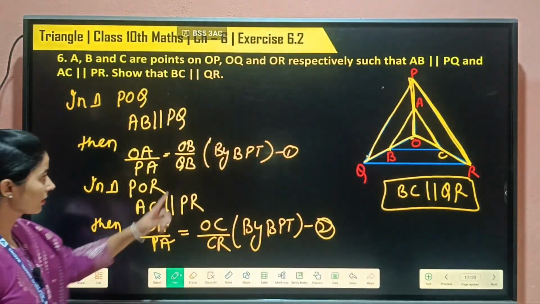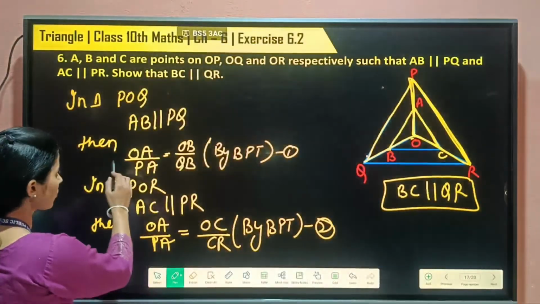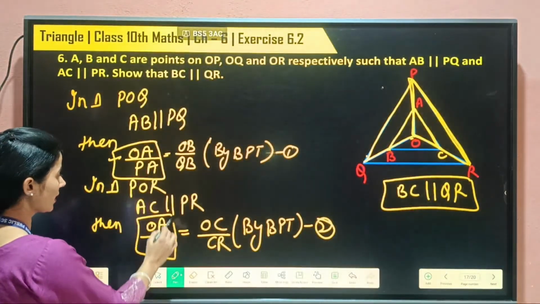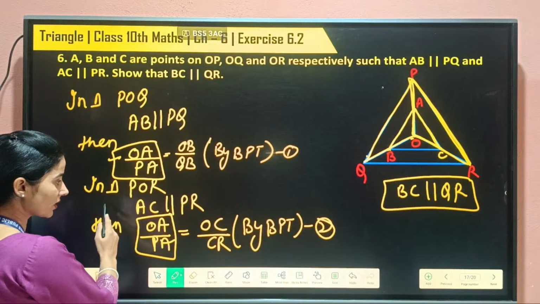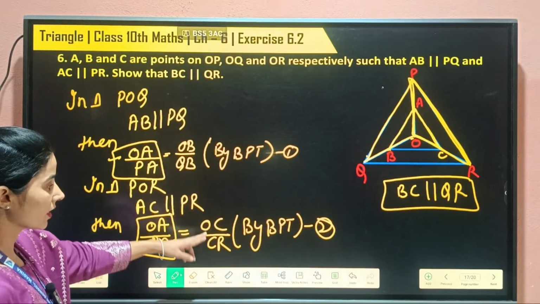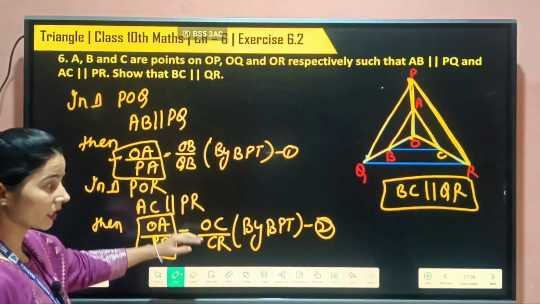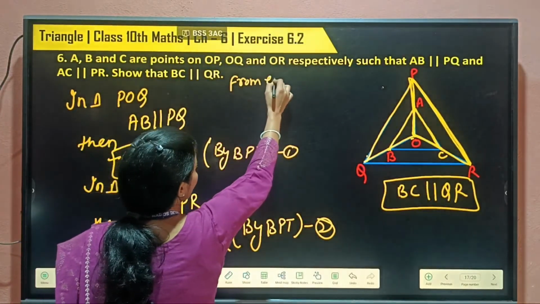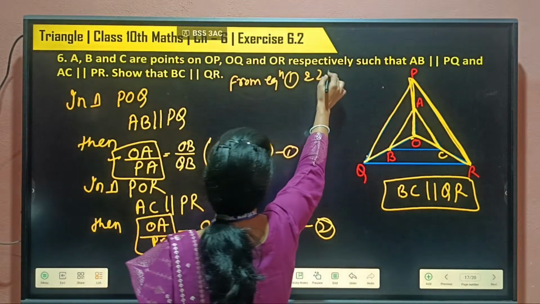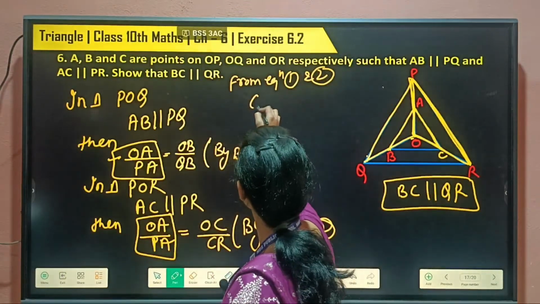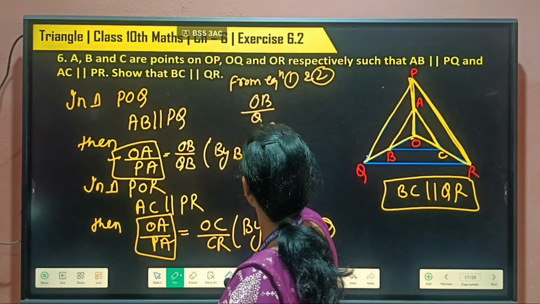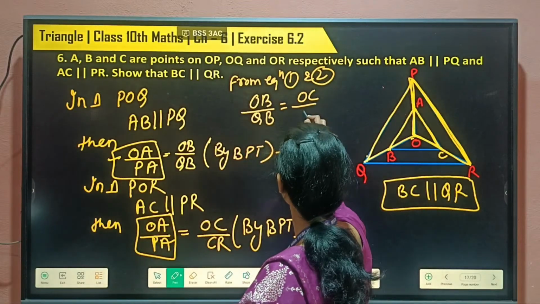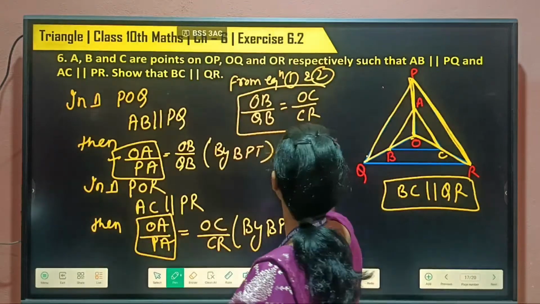Now observe equation number 1 and 2 carefully. This is OA by PA and there is also OA by PA. Their left hand sides are equal, so their right hand sides will be equal. By comparing 1 and 2, from equation 1 and 2, we get OB by QB equals OC by CR.